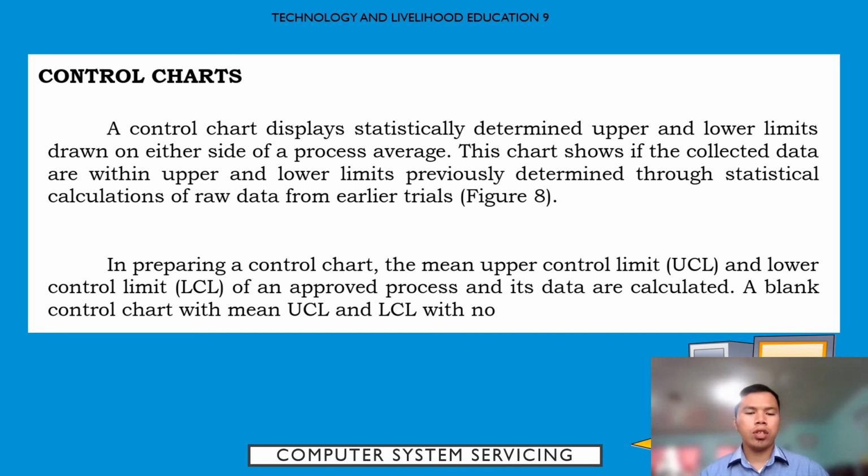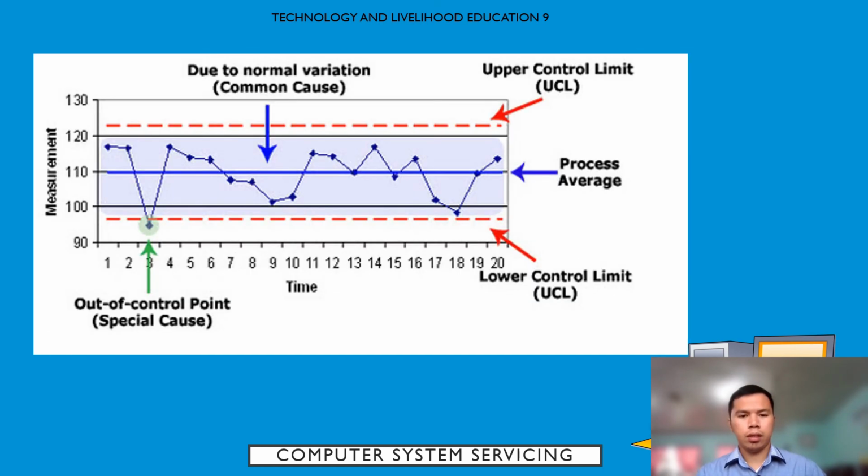A blank control chart with mean, UCL and LCL with numbers. So this is an example of a control chart. We have the upper control limit, the lower control limit, and the average in the middle. We can also see the measurement on the left side and the time at the bottom.